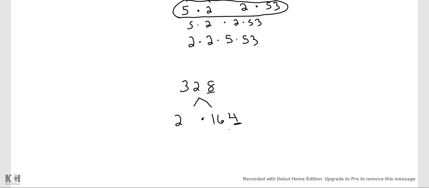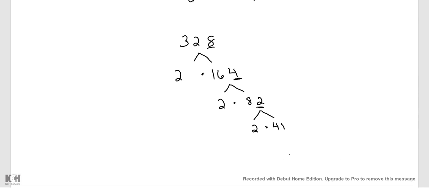I can divide by 2 again. 2 times 82. And I can divide by 2 again. 2 times 41. 41 is no longer even. It's also not divisible by 5 or 10.